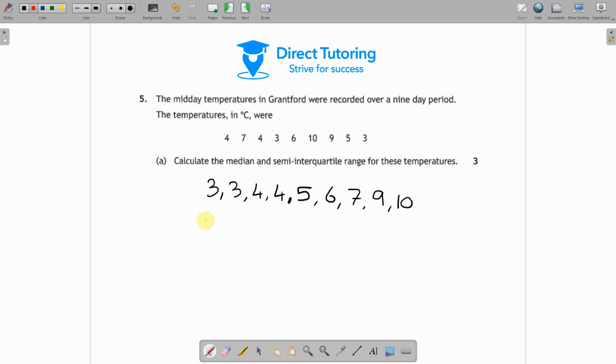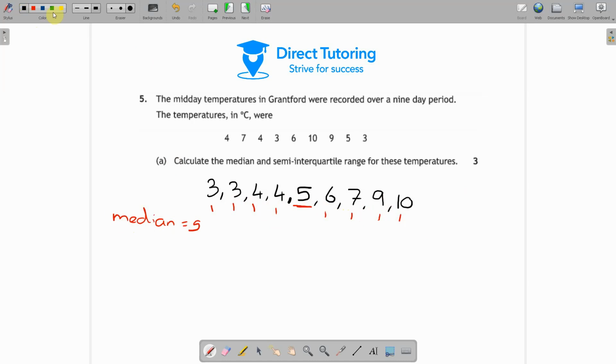So in order to find the median, all we have to do is work our way from the left and the right into each other until we find the number in the middle. So the median is 5. So we'll say the median equals 5.